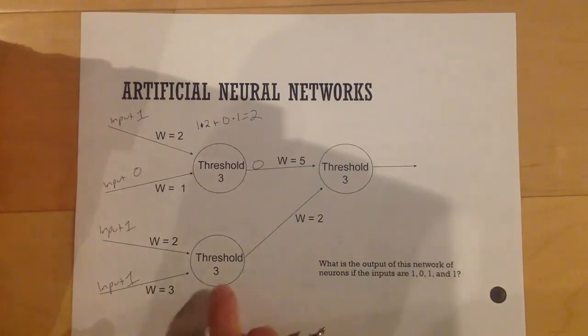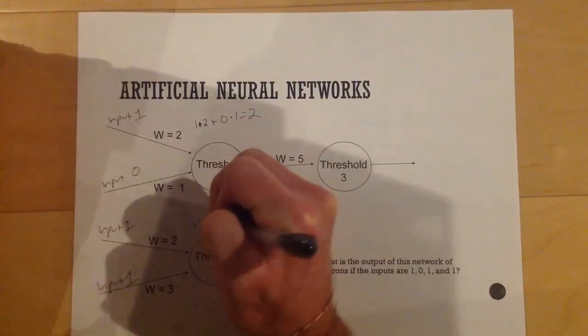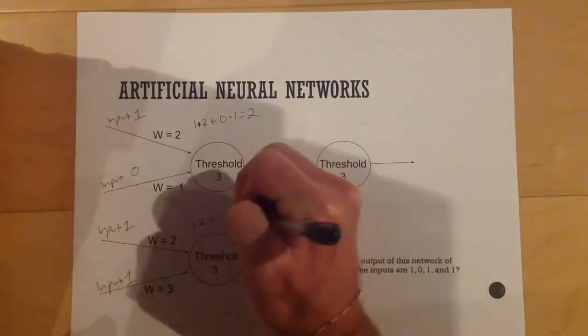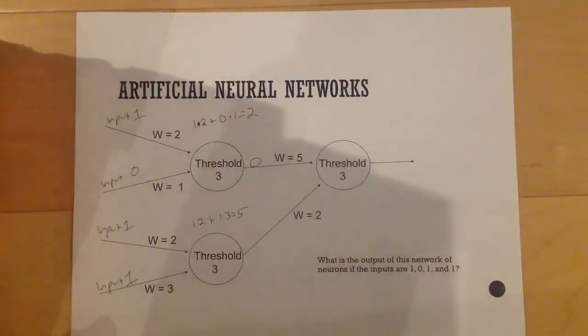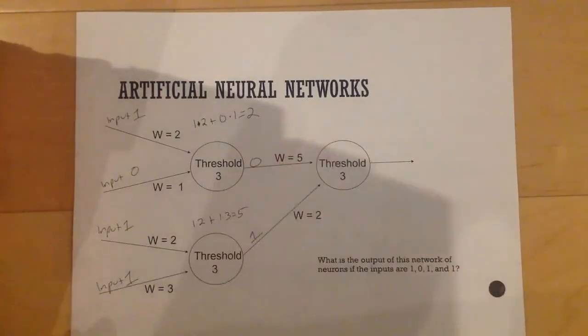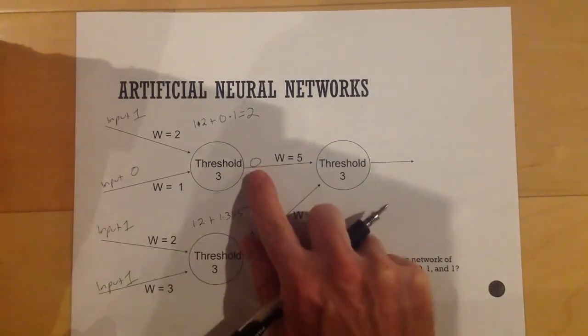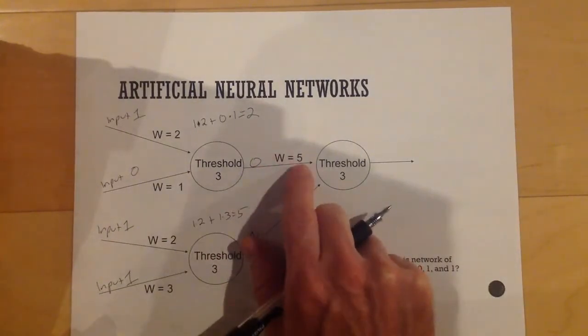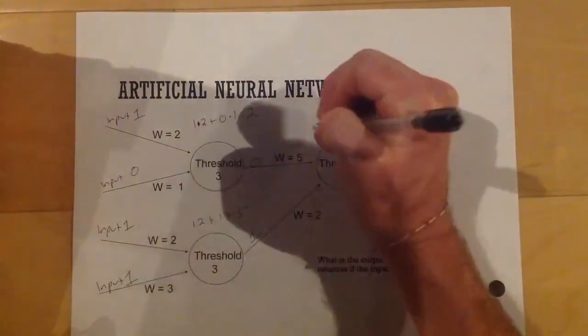And then this down here, we've got 1 times 2 plus 1 times 3, which is going to give us a 5. 5 exceeds our threshold value of 3, so this one's going to output a 1. And then 0 with a weight of 5.